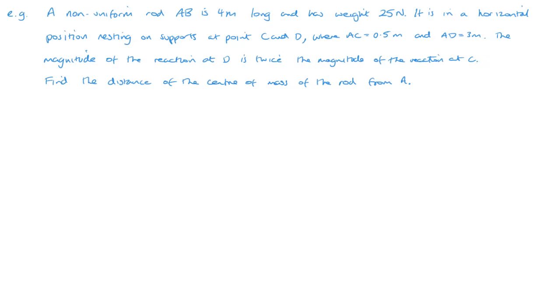In this example, we have a non-uniform rod AB of length 4 meters and weight 25 newtons. It is in a horizontal position resting on supports C and D, where AC equals 0.5 and AD equals 3 meters.